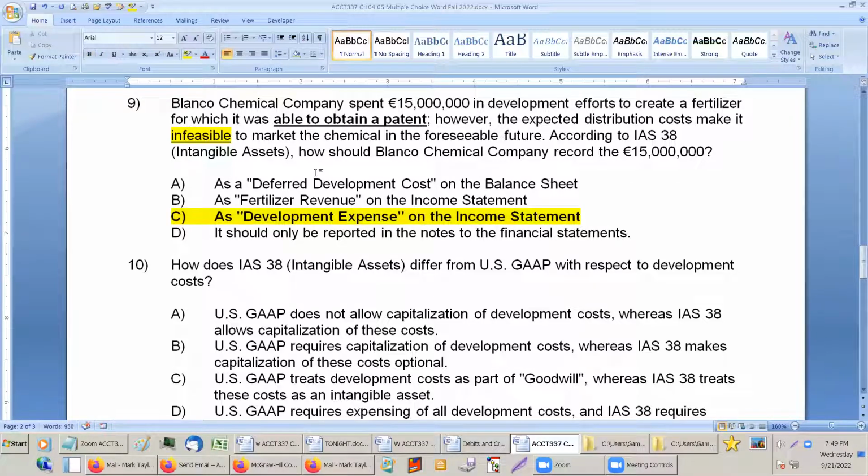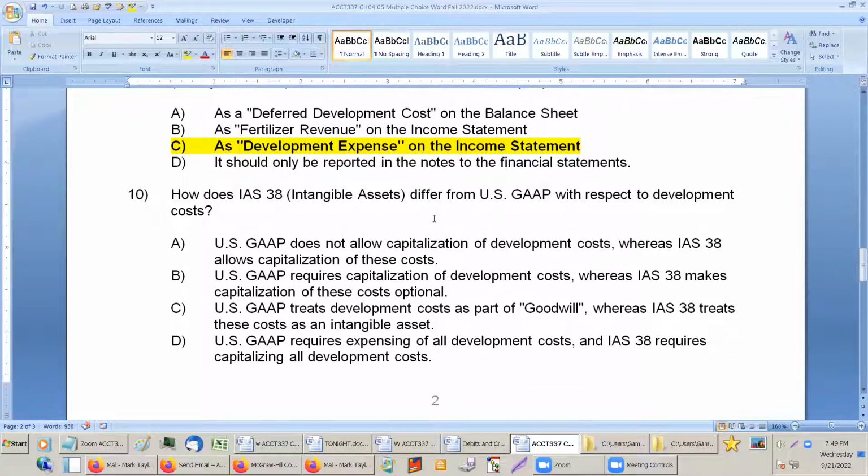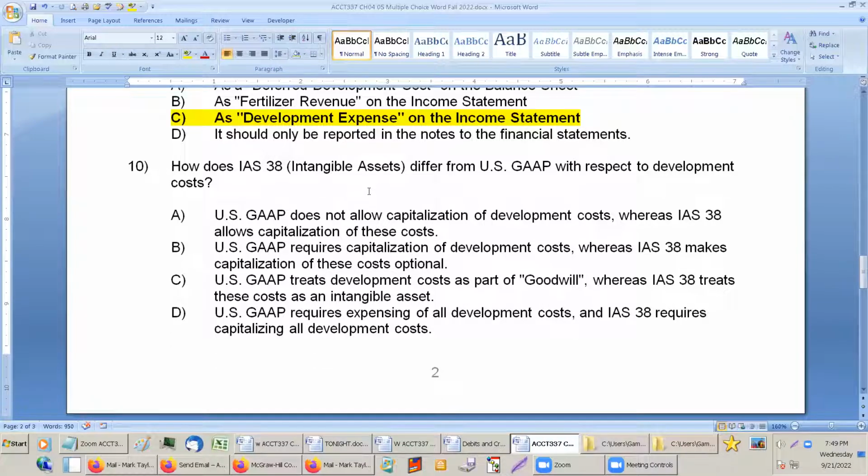We don't allow for development costs to be capitalized. International standards say that if it's feasible to come to market, you can capitalize them. How does IAS 38 on intangible assets differ from GAAP with respect to development costs?